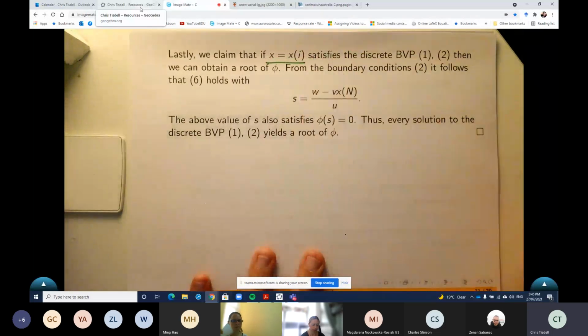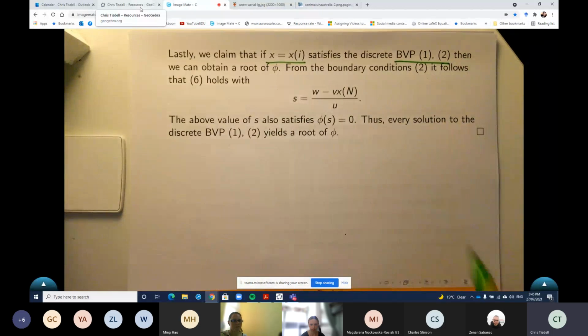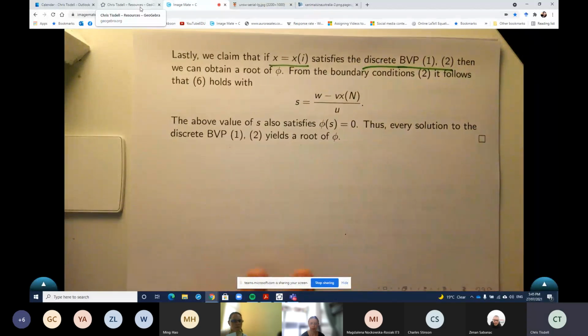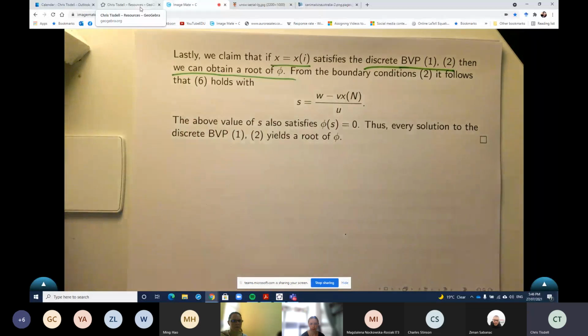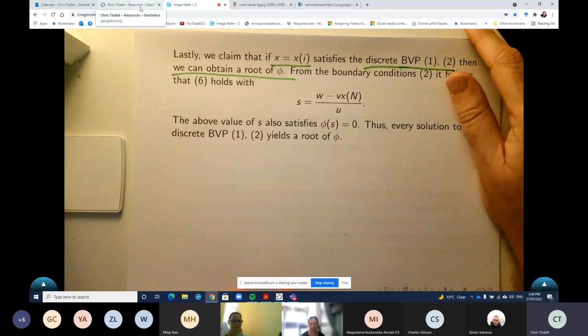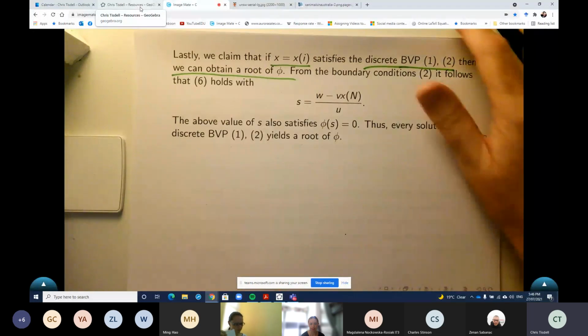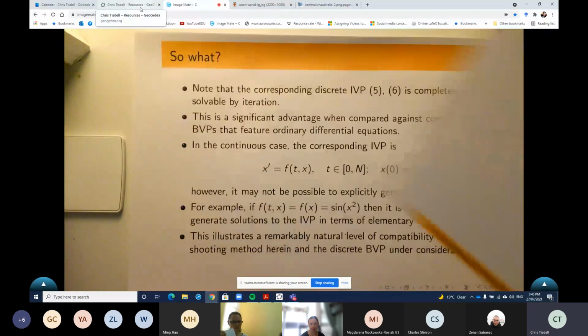If this satisfies the discrete boundary value problem, then we can obtain a root of our phi function. And so you can go through and show that without too much trouble. Okay, so we've sort of done it both ways. I've rushed a little bit there. Maybe I'm not being so relaxed with the proof, but I really want to show you the examples. That's probably the most interesting part of this talk.